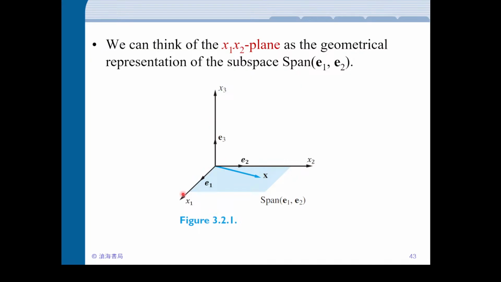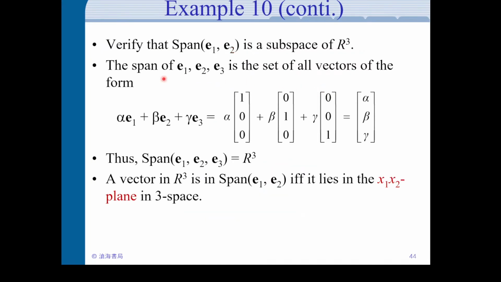So we have this R3 here, and then the subspace is basically R2 here. So it's a space spanned by E1 and E2, and it's just this plane here. So everything inside this plane, say for example this x, is inside our subspace span(E1, E2). Okay. And yeah, you can check that span of E1, E2 is actually a subspace.